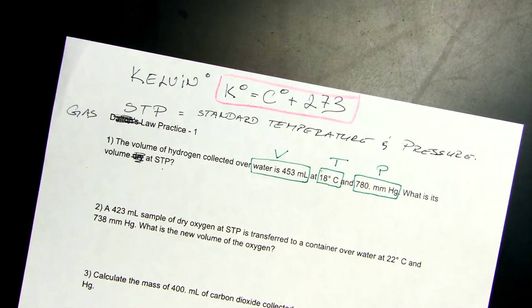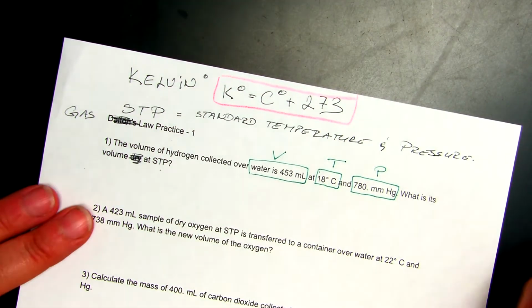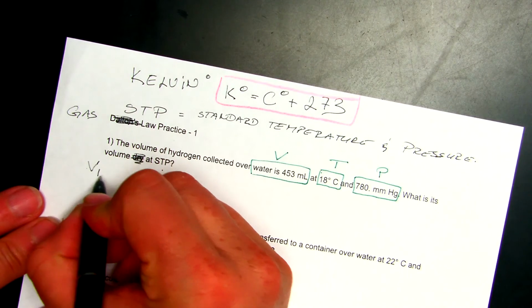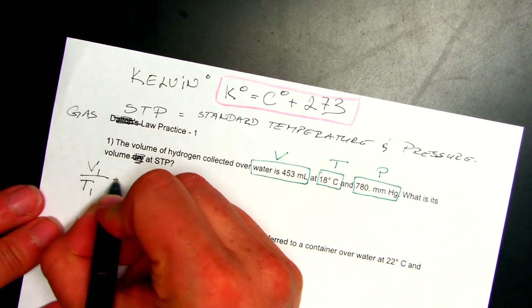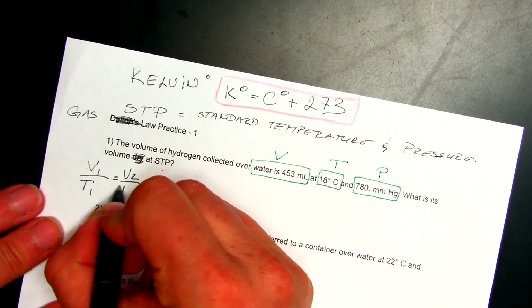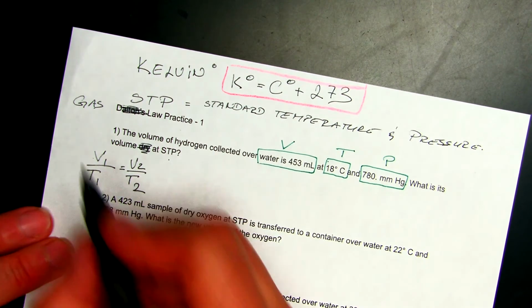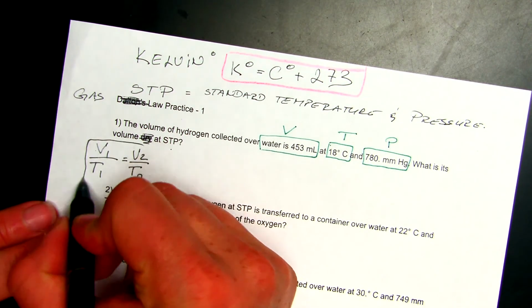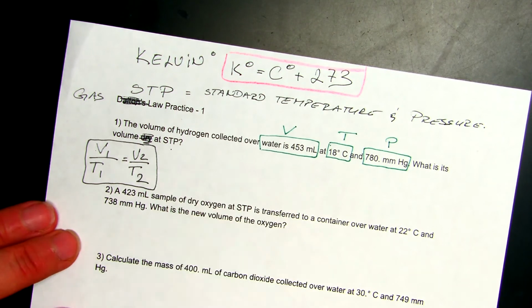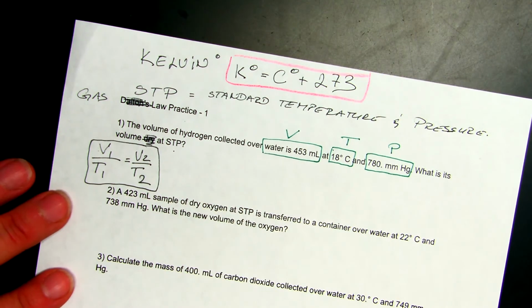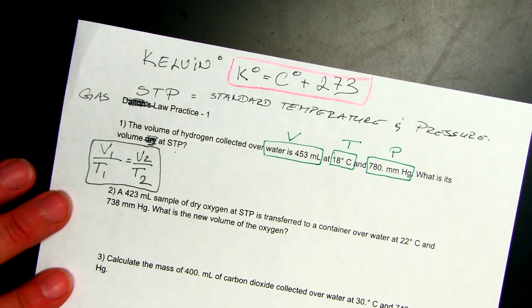Or you can say V1 divided by T1 equals V2 divided by T2. Is everybody with me? Yes. Okay. So I'm going to box in my formula.